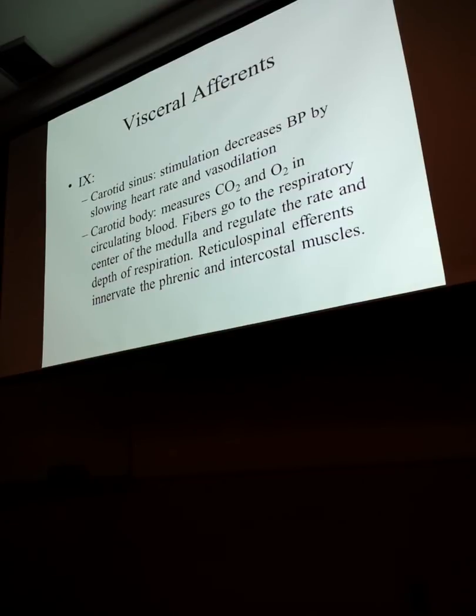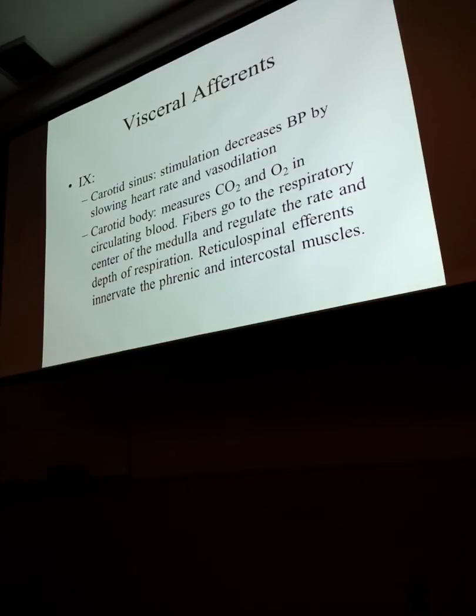That actually is how you set how deeply and how fast you breathe. So very nice, well-described negative feedback system that constantly monitors your CO2 primarily. So our breathing, interestingly, is mostly regulated by the amount of CO2 and pH of our blood.